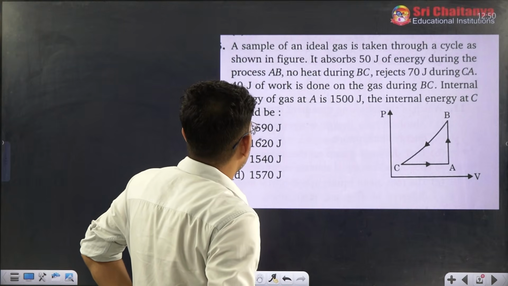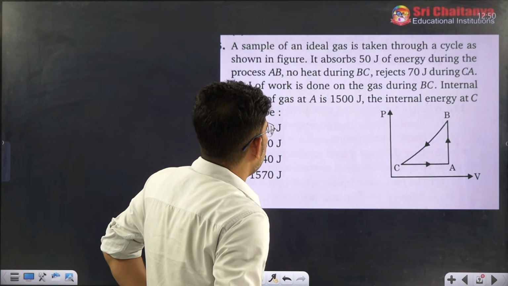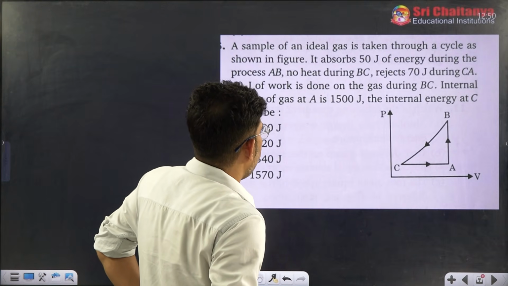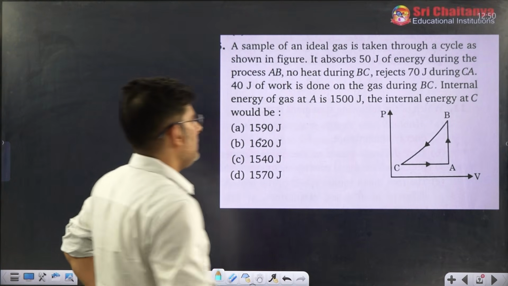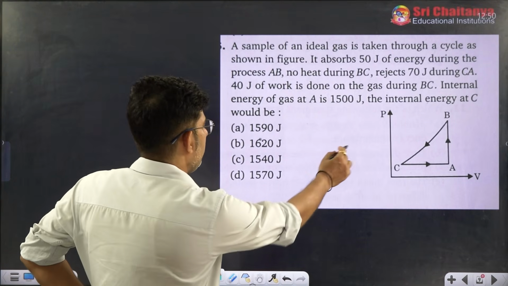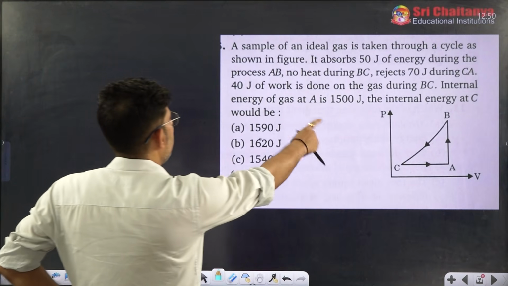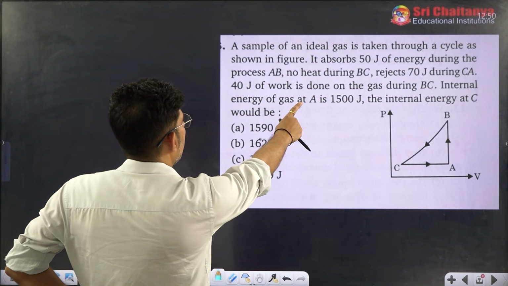Internal energy of gas at A is given as 1500 joule. The internal energy at C is being asked. So if you see the processes, they have given from C to A. During C to A, work is done on the gas.